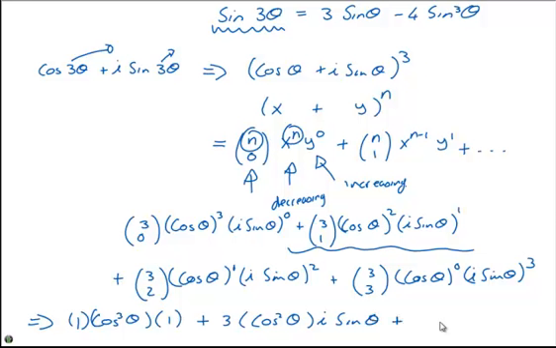On to the third part. 3 choose 2 is 3. It'll be cos theta. And this is where you have to be a little bit careful, okay? See this bit here? Because the whole thing is being squared, so it's i squared sine squared.